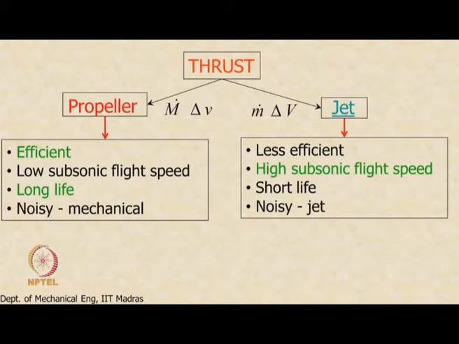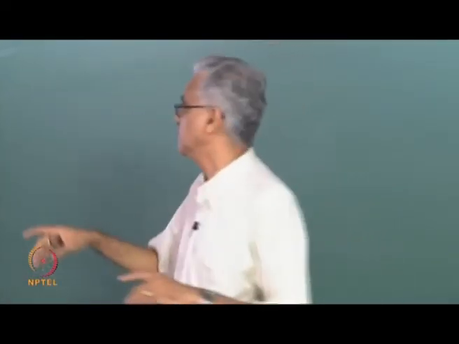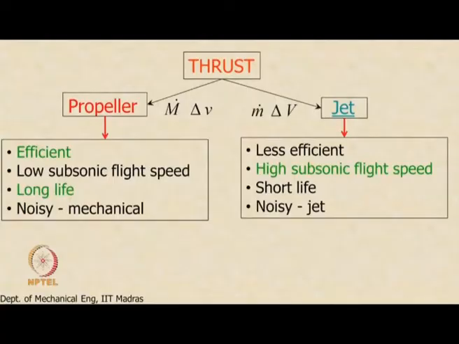Generally, this means of generating thrust is less efficient than what the propeller does, and consequently the engine also has a short life. But now the noise problem really does not go away. A propeller is very noisy from a mechanical perspective, but a jet engine is very noisy from an aeroacoustic perspective, because you have very high speed air. Remember, we are imparting a large velocity change to the air.